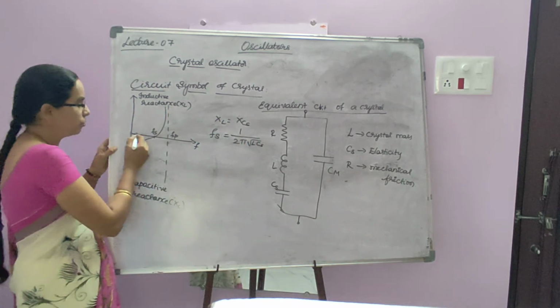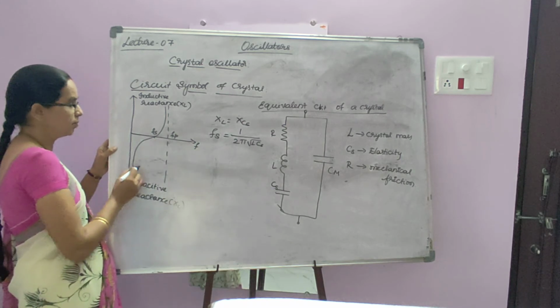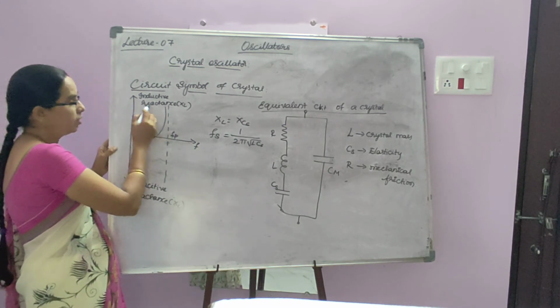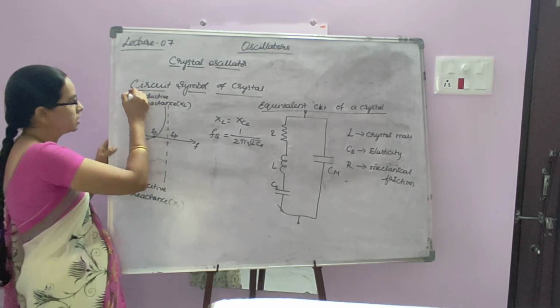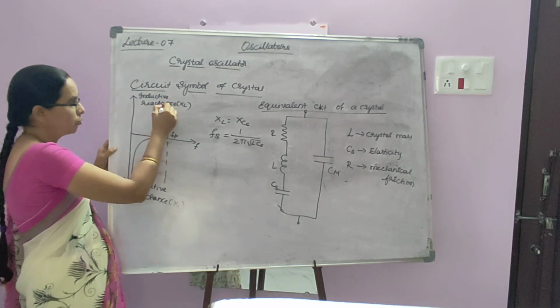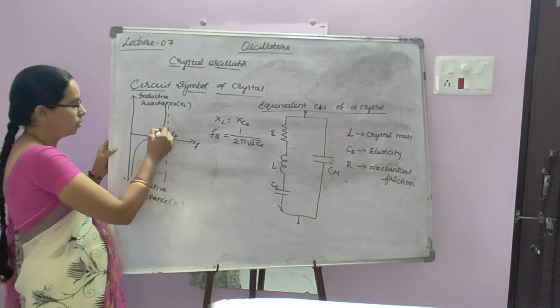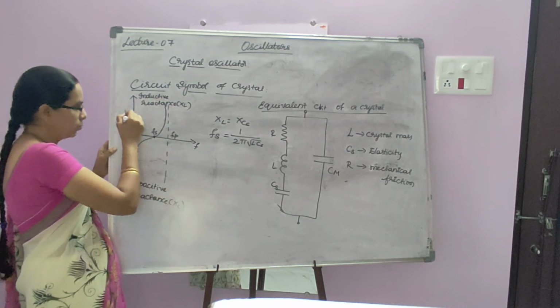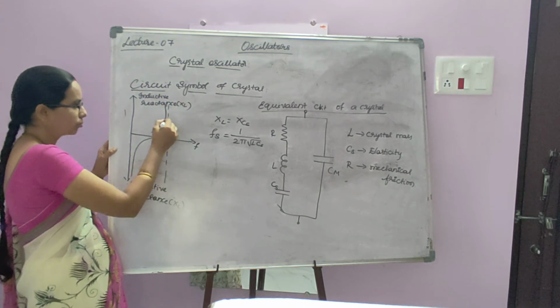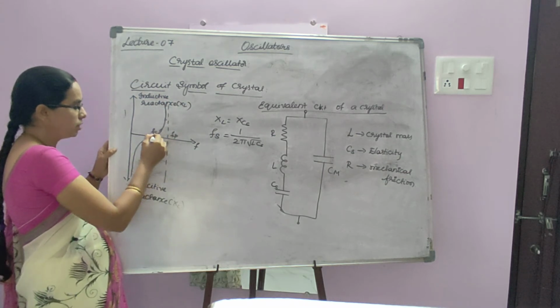Whenever the frequency starts increasing, inductive reactance becomes equal to capacitive reactance. When the inductive reactance is high, the frequency of oscillation is high at this point. Whenever the inductive reactance is decreasing, the frequency decreases and reaches some point.